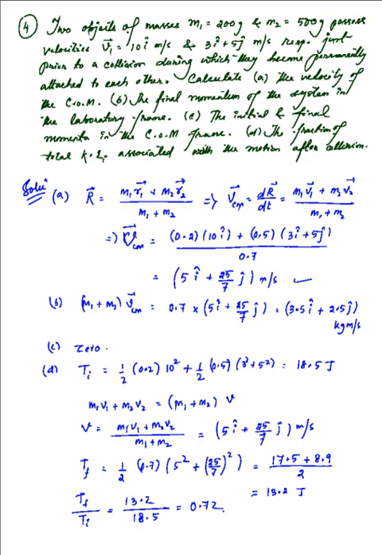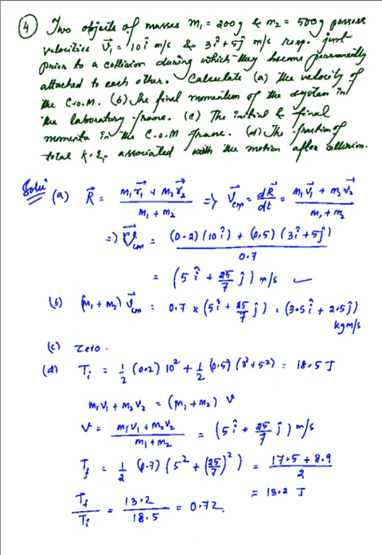As a result, we have to calculate the velocity of the center of mass, the final momentum of the system in the laboratory frame, the initial and final momenta in the center of mass frame, and the fraction of the initial kinetic energy associated with the motion after collision. Obviously, the loss in energy would give us that.